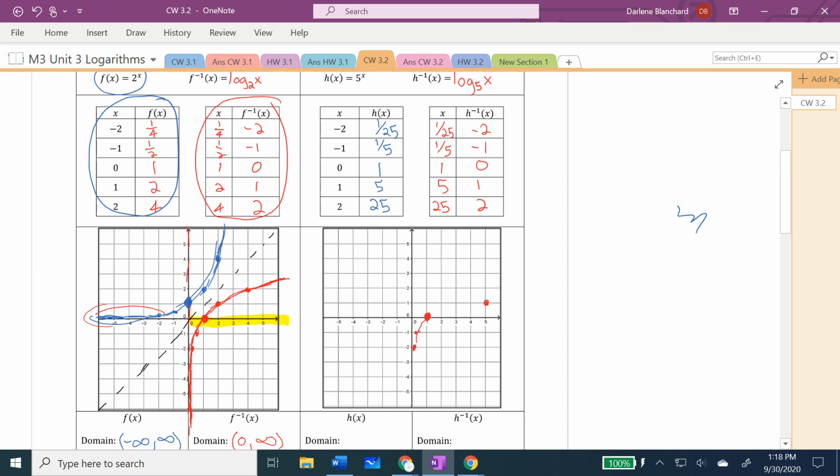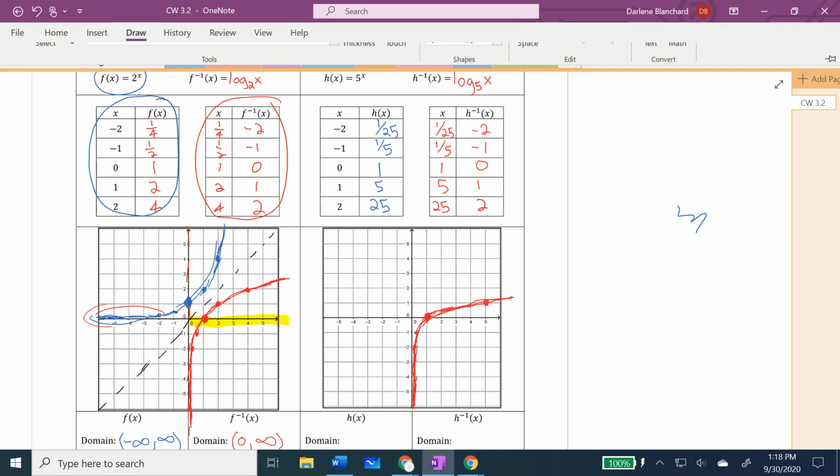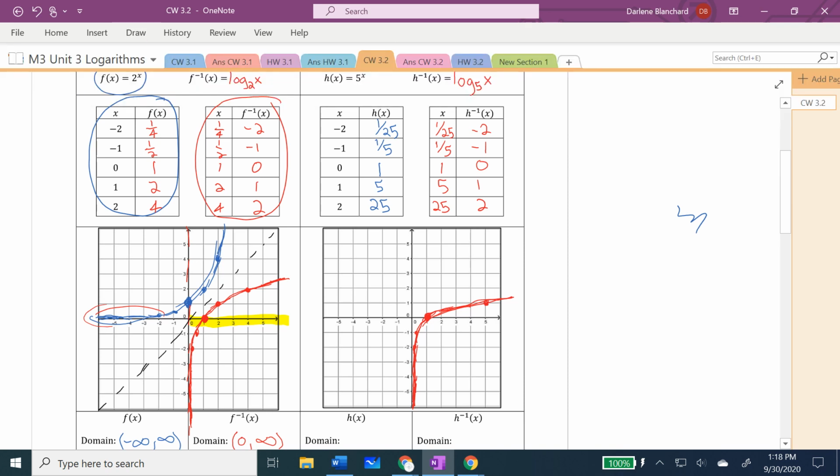Your logarithms can only have positive x's, at least when you draw a parent graph. And it looks about like that. Then you're also drawing the exponential function with it so that you can see this inverse nature.